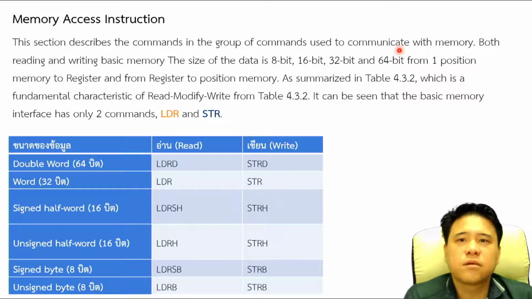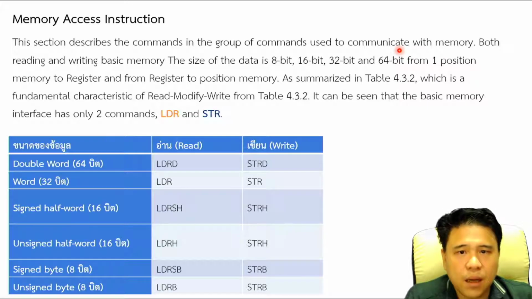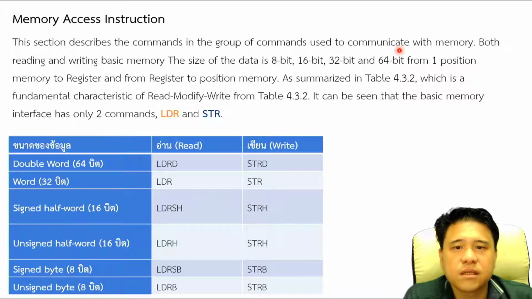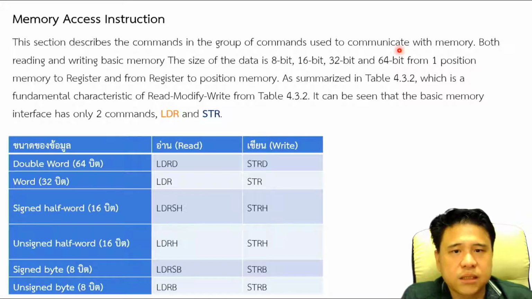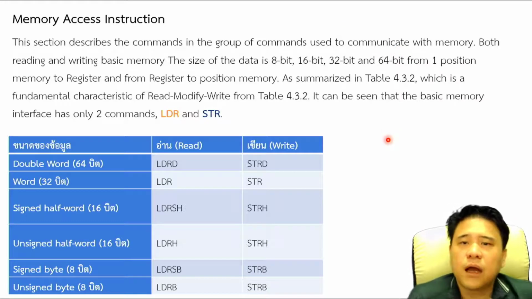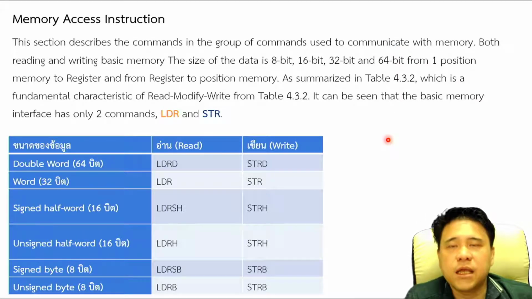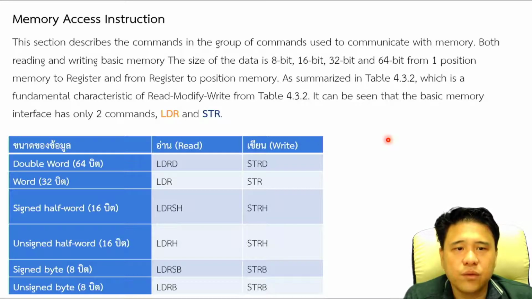For the next group of instructions, they are called memory access instructions. Our memory access can be unaligned, right? For the STM32 Cortex-M3, the size of the data can be 8-bit, 16-bit, 32-bit, and also 64-bit.